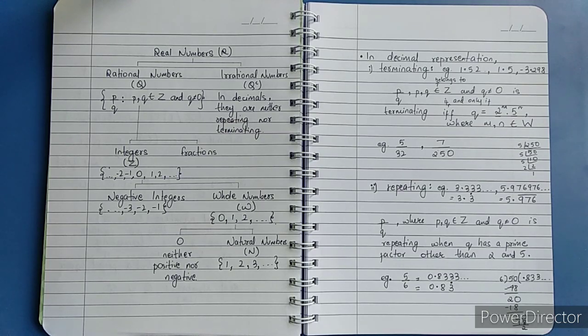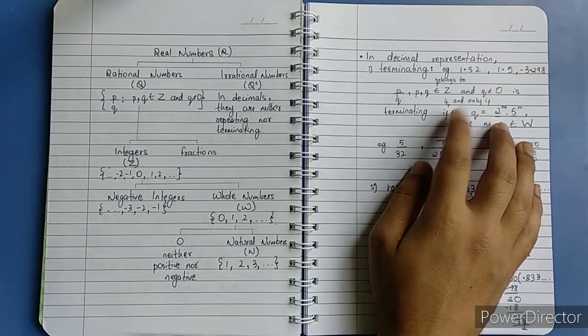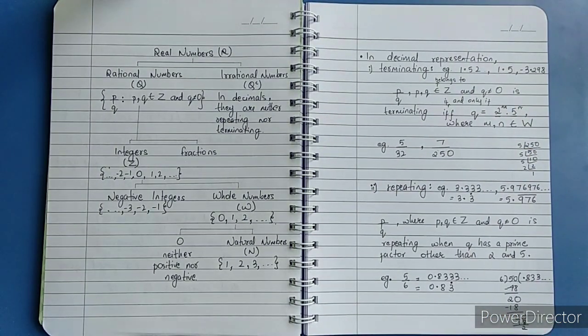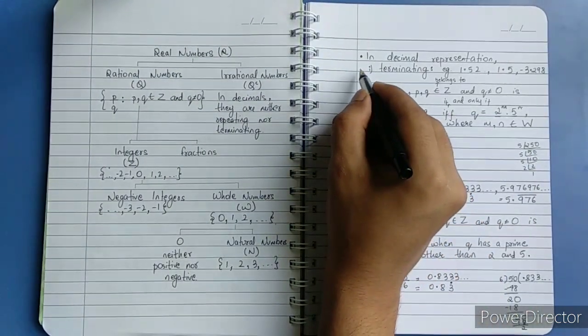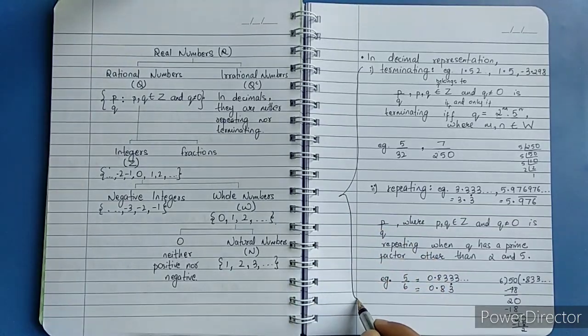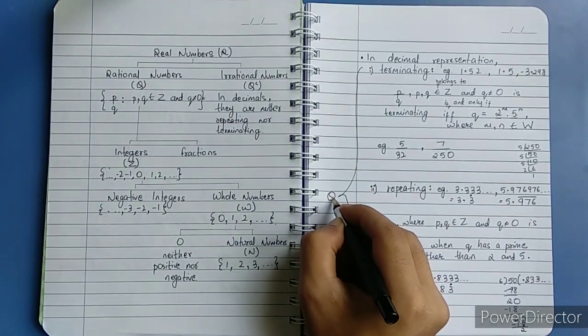This is how we understand if a number is repeating, and we can see when a number is terminating. In decimals, terminating and repeating together form the set of rational numbers.